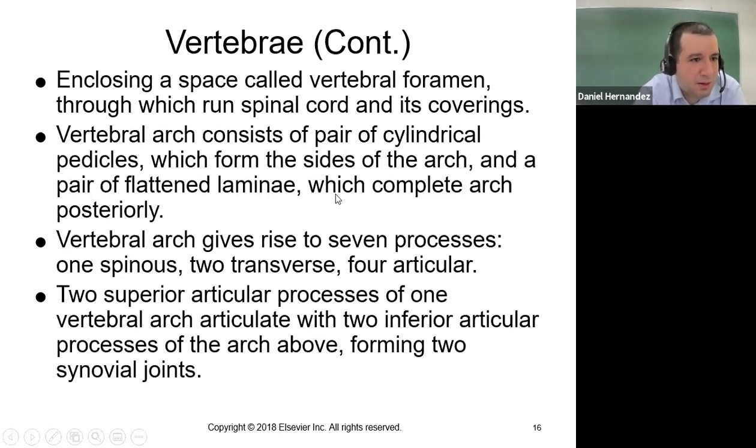The vertebral arch gives rise to 7 processes: 1 spinous, 2 transverse, and 4 articular processes. The 2 superior articular processes of one vertebral arch articulate with the 2 inferior processes of the arch above, forming 2 synovial joints. That's how they get their name, because they articulate with one another, creating joints to give the spine that flexibility and movement.